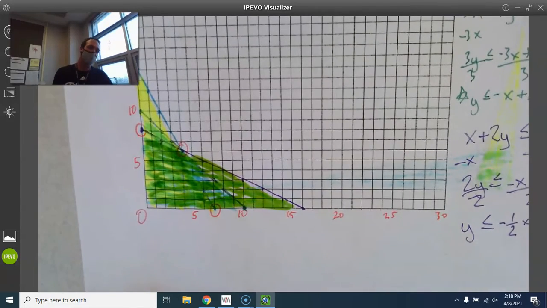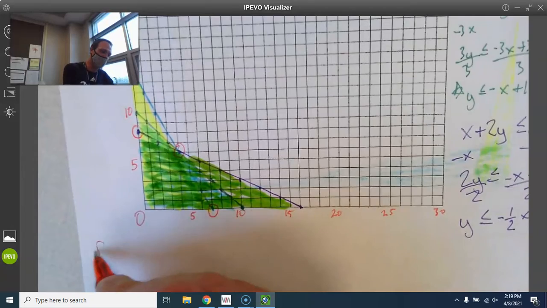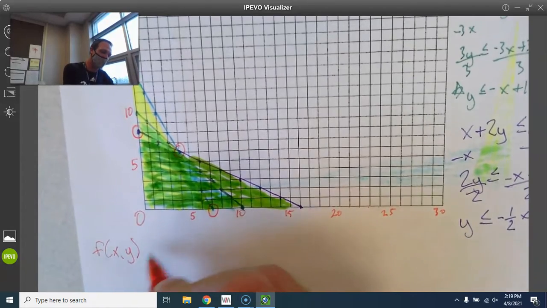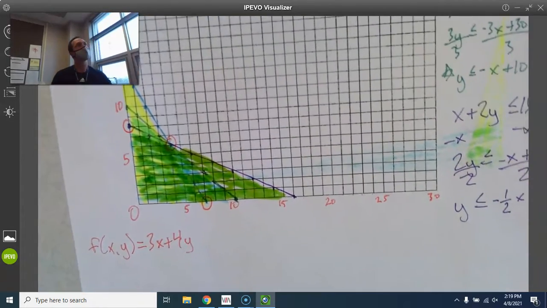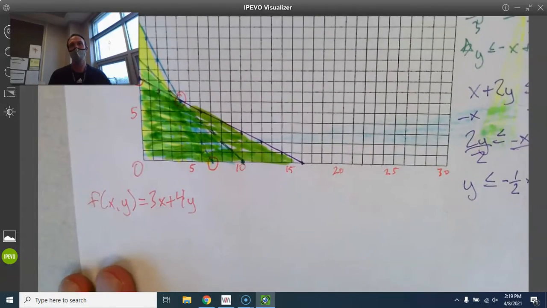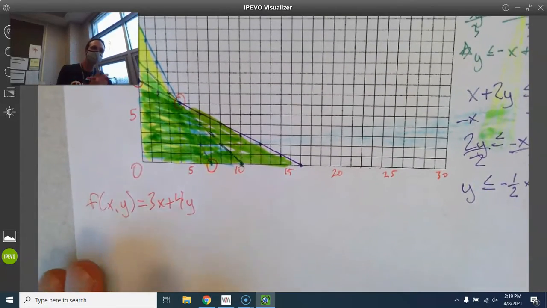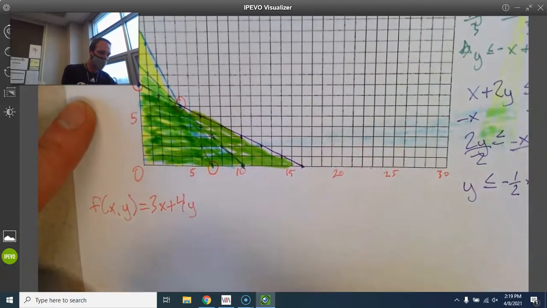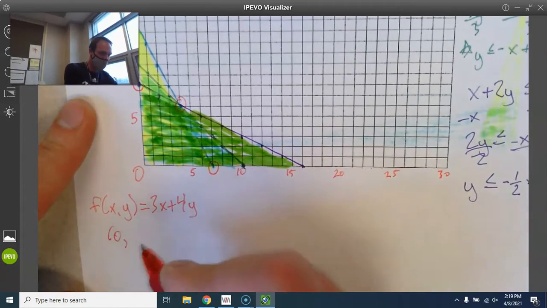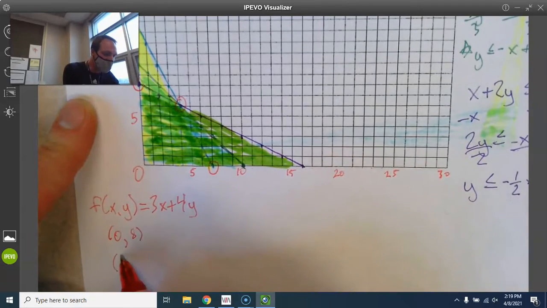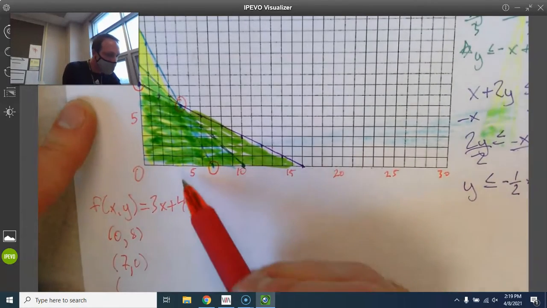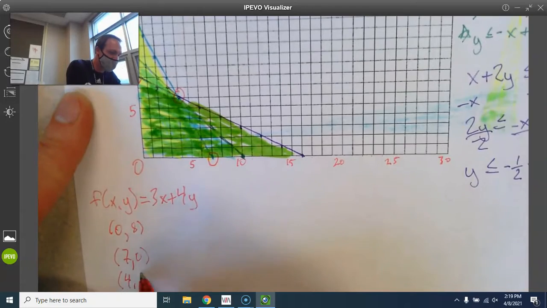So for the maximum profit, remember from earlier, that was f of x comma y equals 3x plus 4y. So my critical points for this problem are 0, 8, 7, 0, and 4, 6.